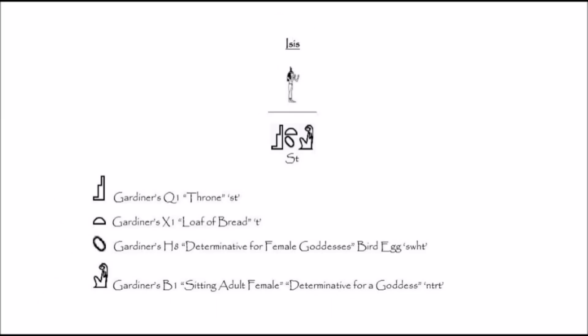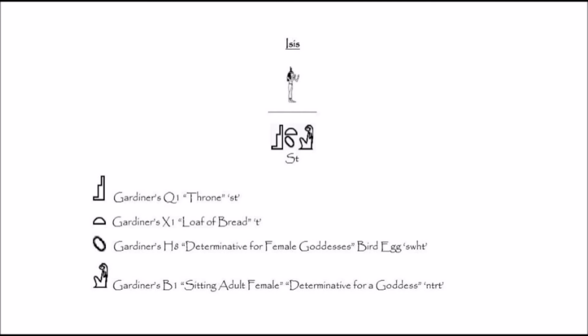This is Isis in ancient Egyptian. Notice that she has Gardner's Q1, the throne, which is ST, and that's where her name comes from. Whereas when used with Osiris, it was a determinative.